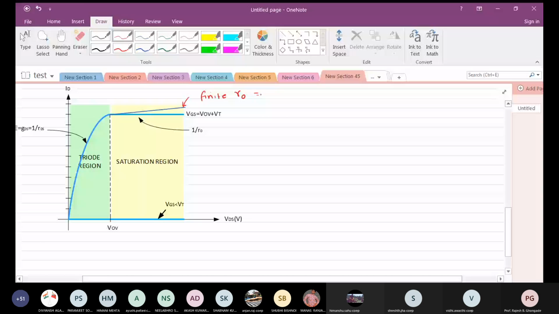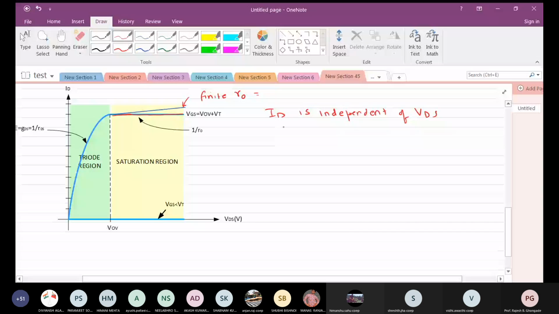Now it was seen earlier that this ID, the drain current, is independent of VDS. This is what this line indicates. As VDS increases, ID remains the same, which implied that RO was infinite.